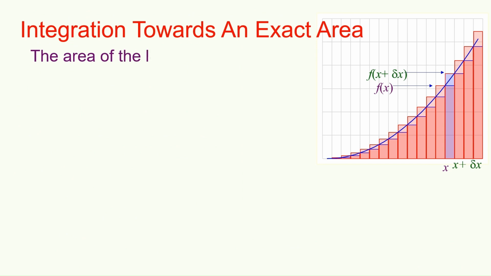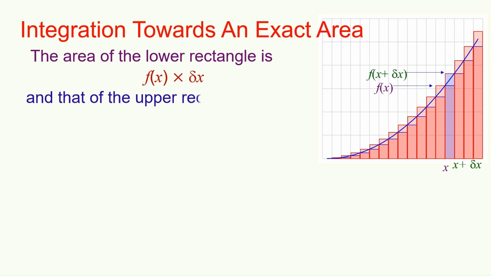The area of the lower rectangle is f(x) times delta x, and that of the upper rectangle is f(x plus delta x) times delta x.